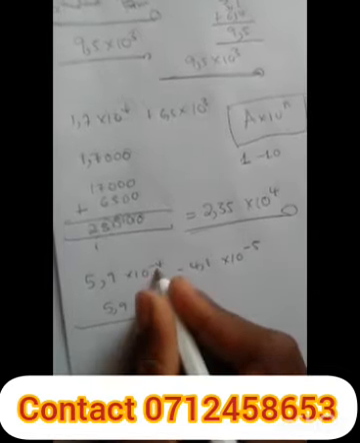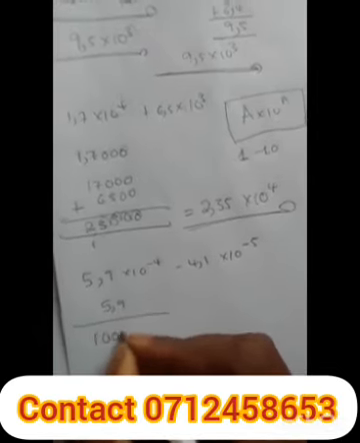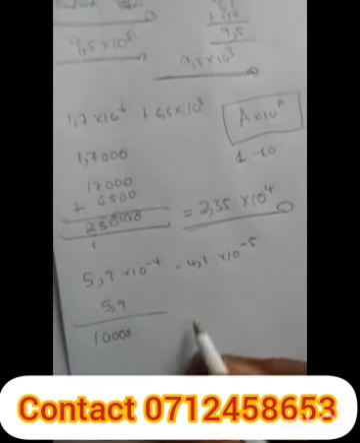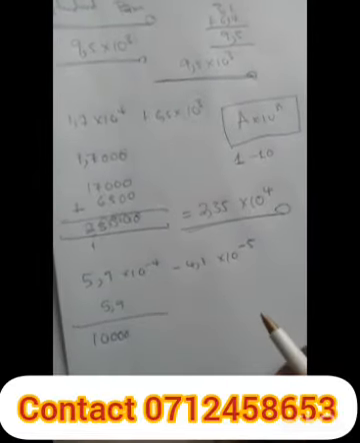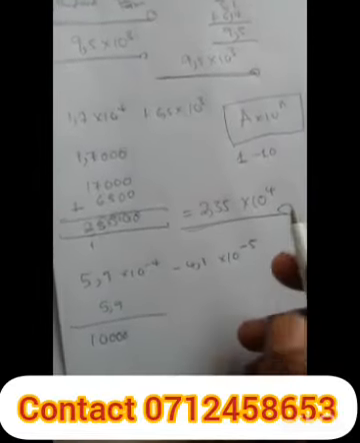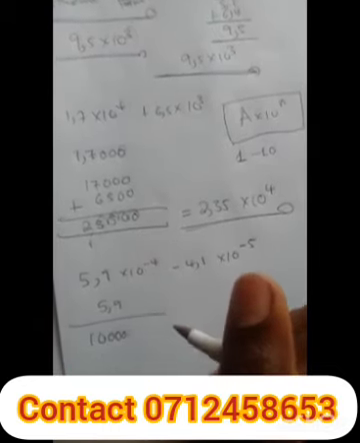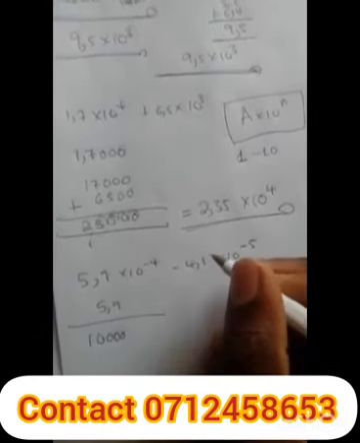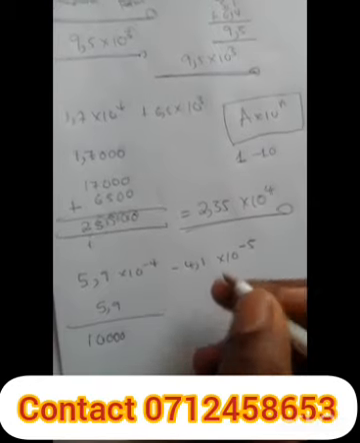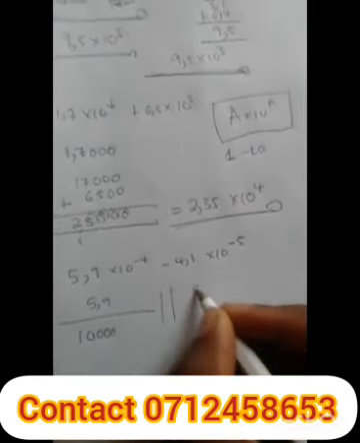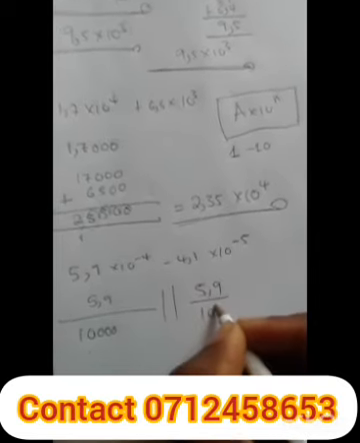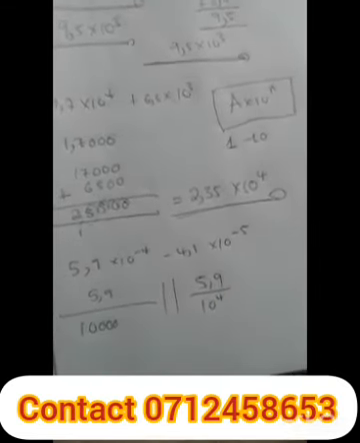The exponent is negative 4, so over 10,000. Are we there? What we did before, I think it is clear. Over 10,000, right? Remember I said you change 5,9 to over 10 to the power of 4.